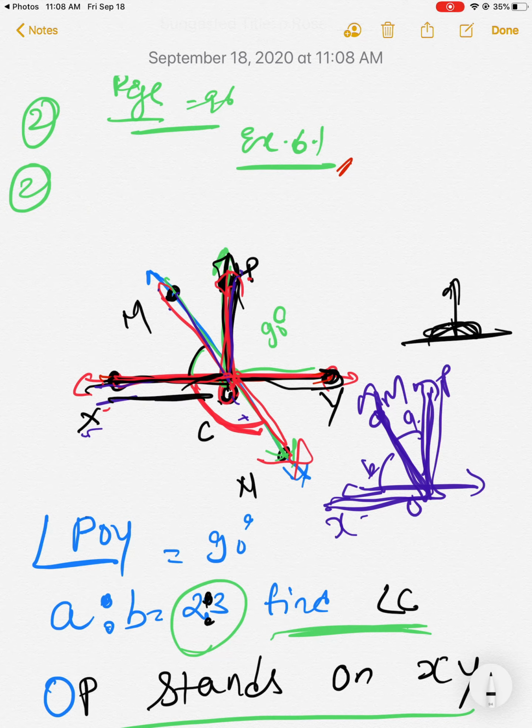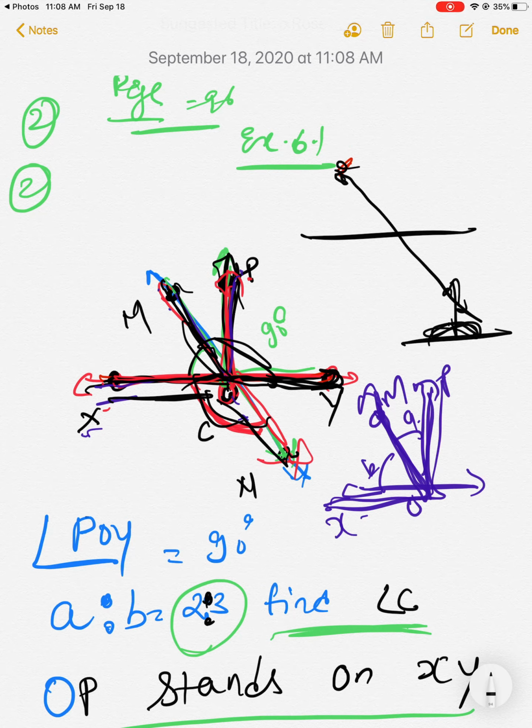This XON is the C angle, and with black I am writing MOY. They are vertically opposite angles. Supposing you draw it like this, this is X, this is O, and this is N, and this is your MOY. This is your C.